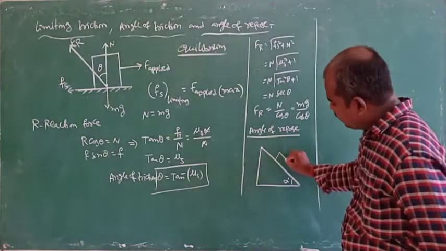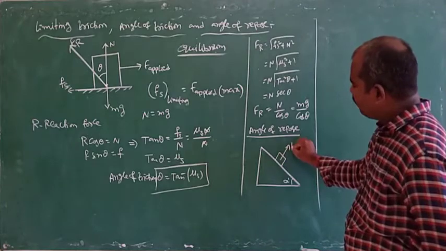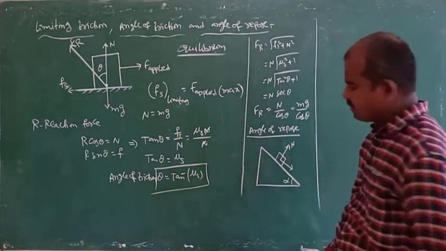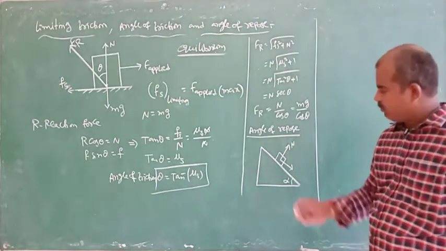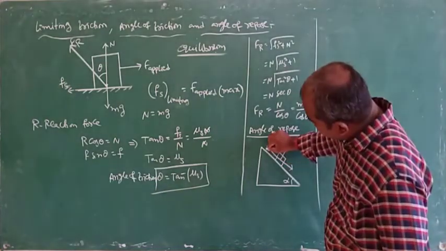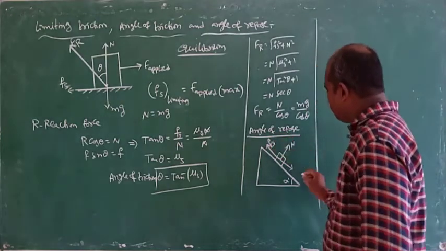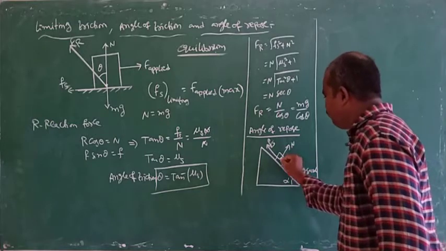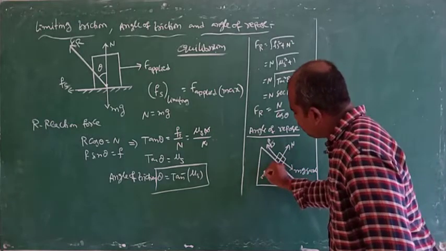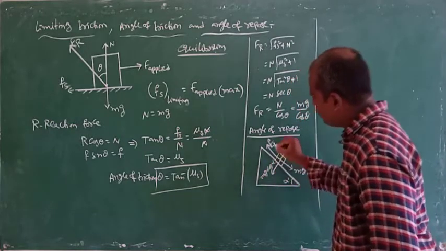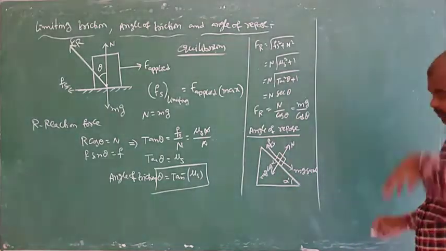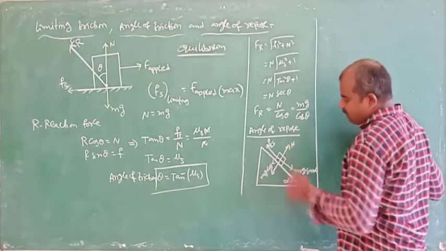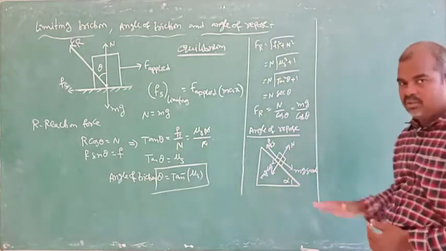Here the object is like this. This is the normal force and this one is the frictional force, force of friction. For this one is mg sin alpha, and for this one is mg cos alpha. The angle of repose is nothing but where an object is placed on an inclined plane of inclination.